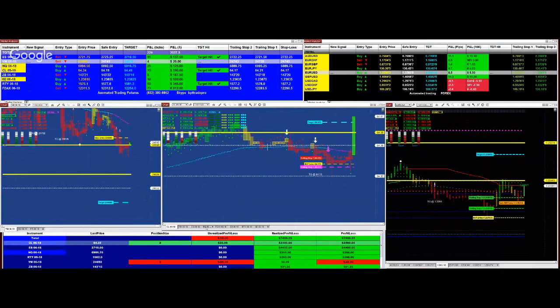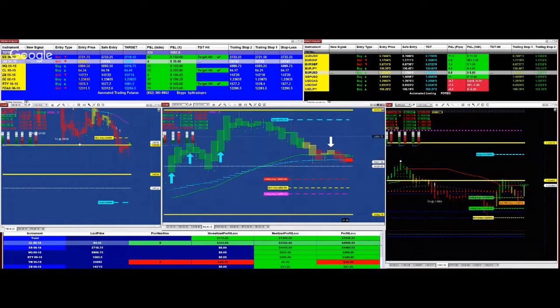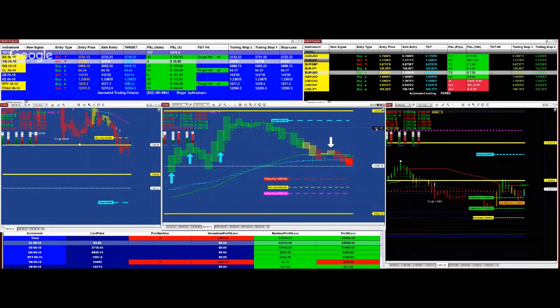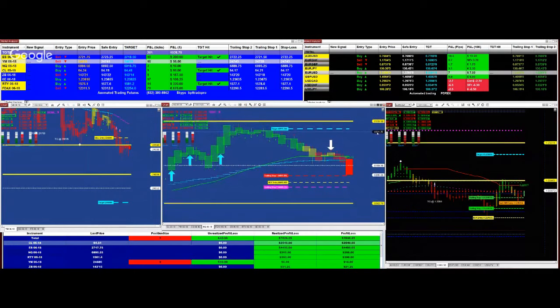Let's go back on the NASDAQ. Finally, the NASDAQ broke it. If you notice, the NASDAQ stayed on that area.